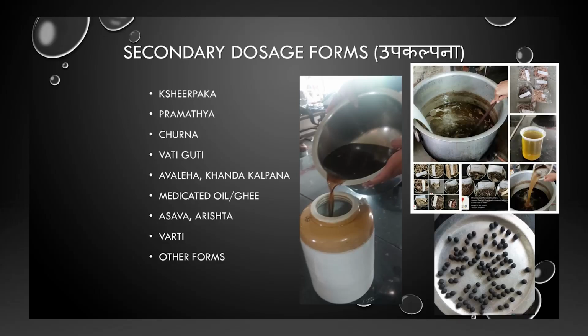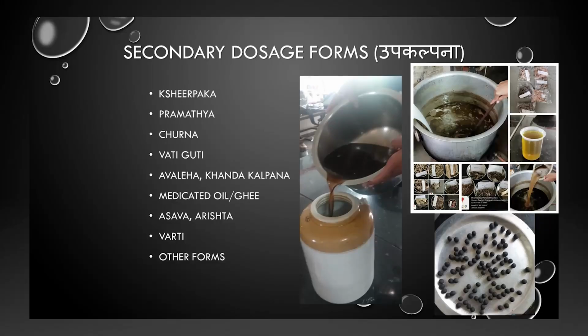In preparation of Avaleha Khanda Kalpana, that is granular form of medicine, sugar, jaggery and honey are added, which act as natural preservatives, giving 1 year shelf life to the medicine. With controlled temperature and moisture conditions, it can be stored up to 3 years in airtight containers. For example, the very famous Chyavanprash Avaleha. Shatavari granules is an example of Khanda Kalpana and Avaleha Kalpana.